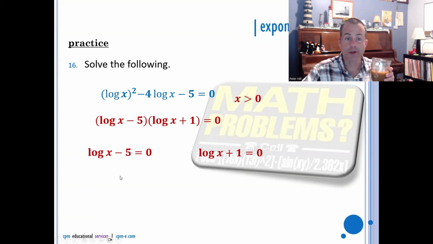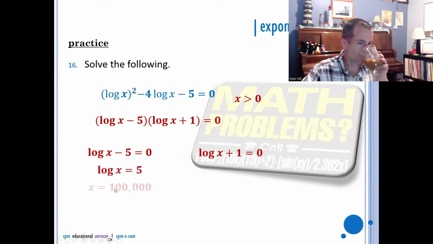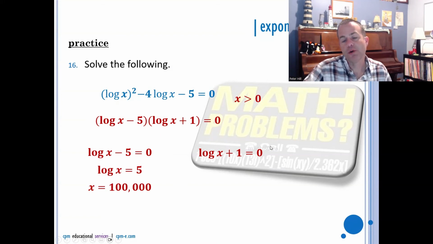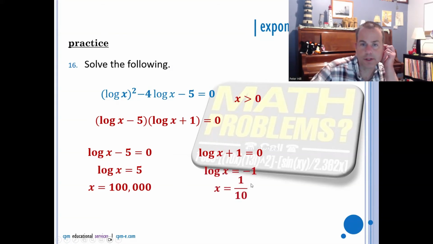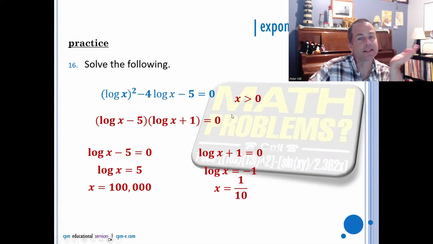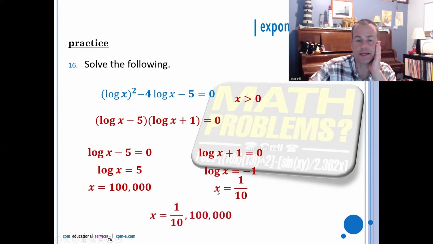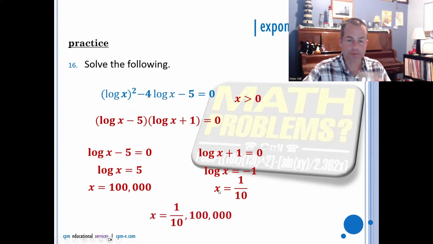The base here is our common base of 10. 10 to the 5 is 100,000. Over here, I'm going to have log x equals negative 1, which means x equals 10 to the negative 1, or 1 over 10. Okay, now I take a look at those against my restrictions. My restrictions said that x had to be greater than 0. Both of those are positive numbers, so that's totally okay. Okay, so x equals 1 over 10 and 100,000.